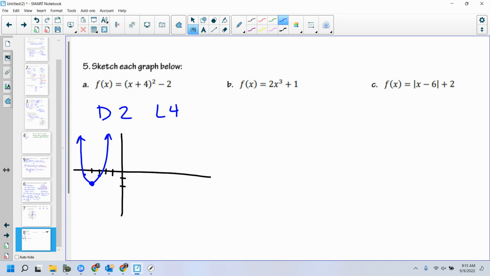2x cubed plus 1. Okay. My parent cubic should look like this. I know that's just a sketch, but that's what my parent should look like, right? You should have those in your brain. If I go 2x cubed plus 1, what's the plus 1 doing again? Up 1. So I know the center point should go up 1 unit. But what is the 2 doing?